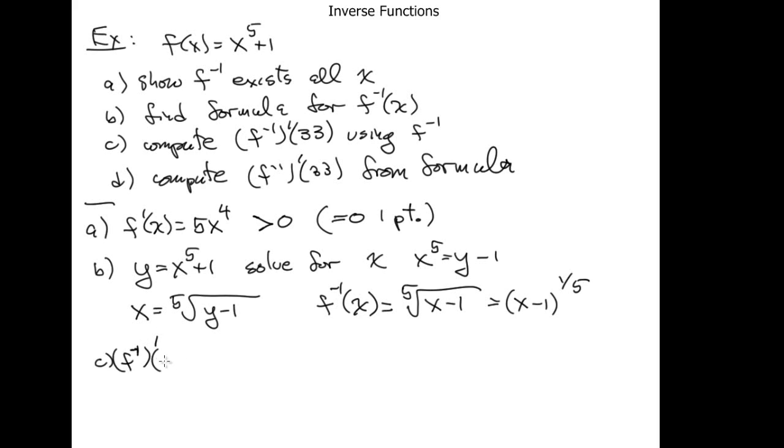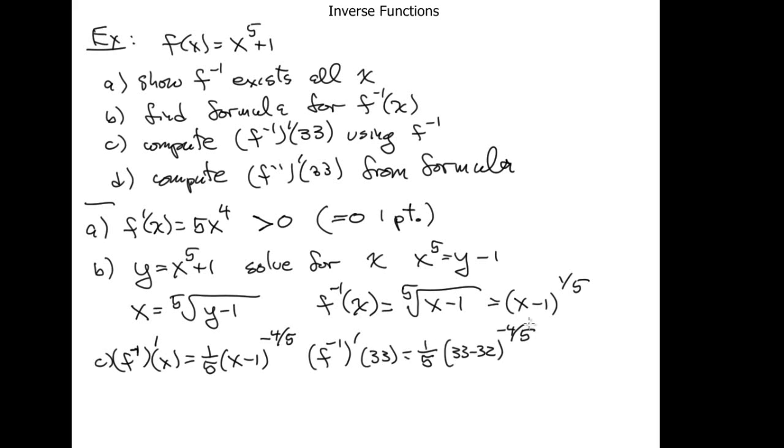Okay, so what is the derivative of the inverse function of x? Well, using the explicit formula, it's 1/5 x to the minus 4/5. And so if you evaluate that at the point 33, you get that the derivative of the inverse function at 33 is 1/5 times 32 to the minus 4/5. Sorry, 33 minus 1 is equal to 32.